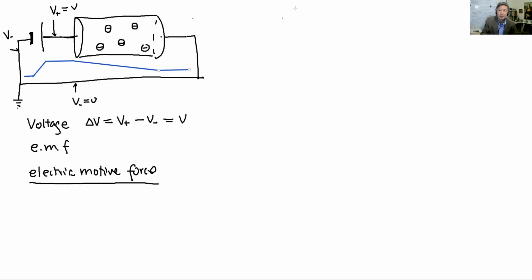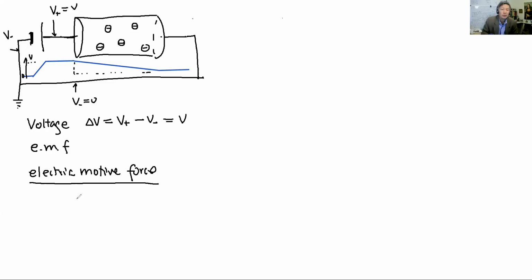This would be 0. So the potential will drop from here to 0, because it's the same along the conductor.